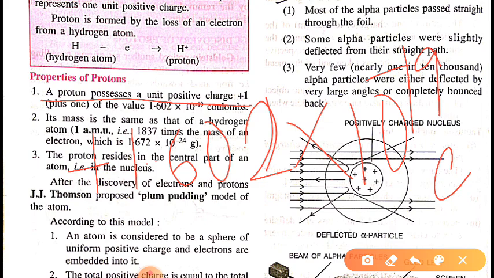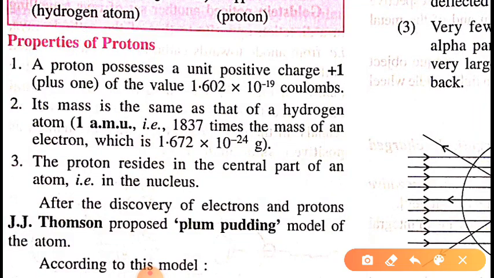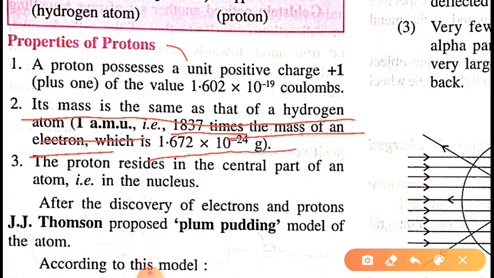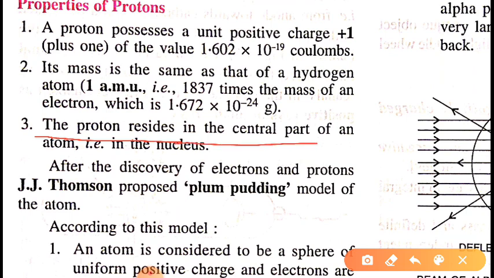Now when we talk about the mass, its mass is the same as that of hydrogen, which is 1 atomic mass unit. AMU means atomic mass unit. It is 1837 times the mass of an electron, which is 1.672 × 10^-24 gram. Next, he told that the proton resides in the center part of the atom, in the nucleus.